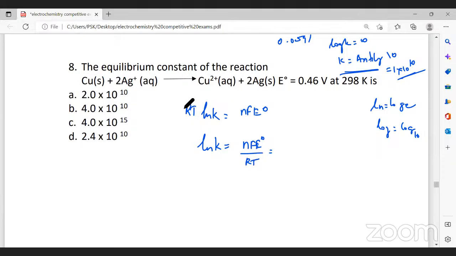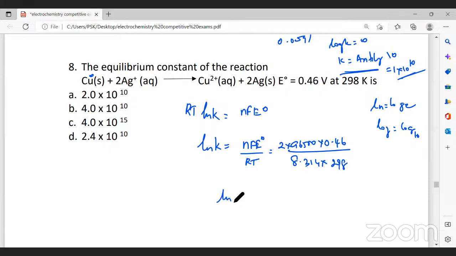What is n? As per the equation, copper goes from 0 to 2, so 2 electrons are lost. Valency is 2. Faraday we know is 96,500. E naught they've given as 0.46. R value we know is 8.314. Temperature they've given as 298.